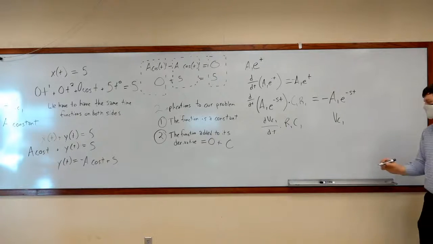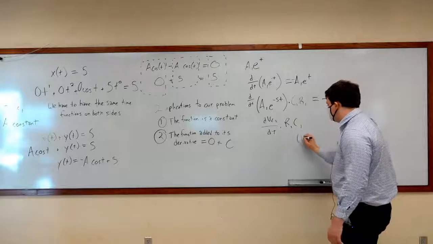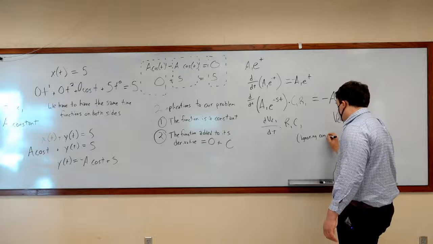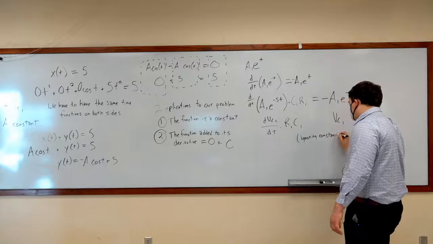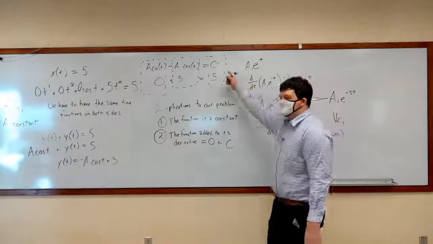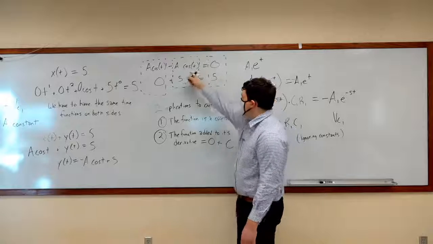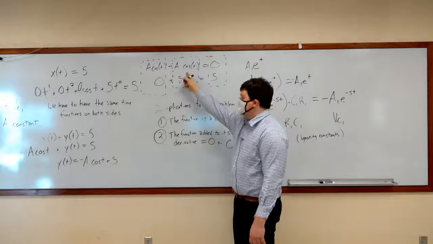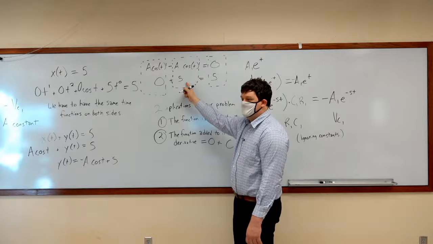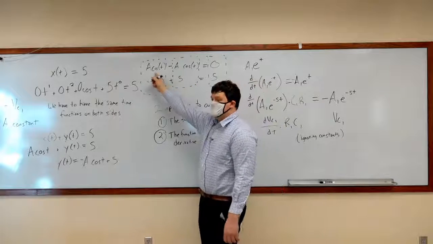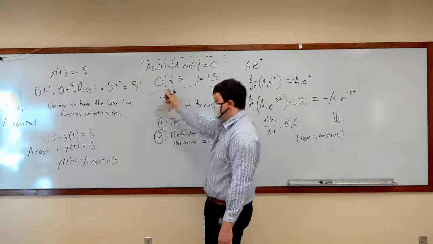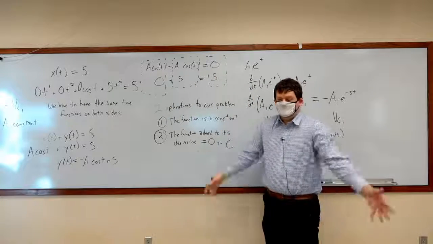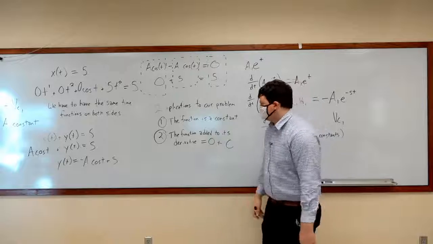Now, I'm ignoring the constants, because like I did earlier, it turns out we can break this up. Here, y of t was equal to a cosine of t plus 5. X of t was a cosine t plus 0. And the final solution was 0 plus 5. That's how we did it.